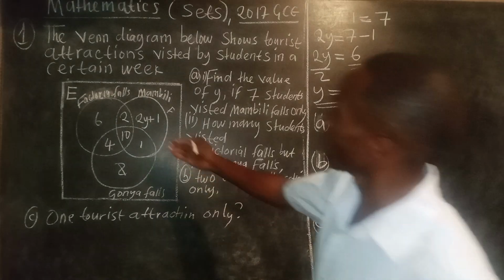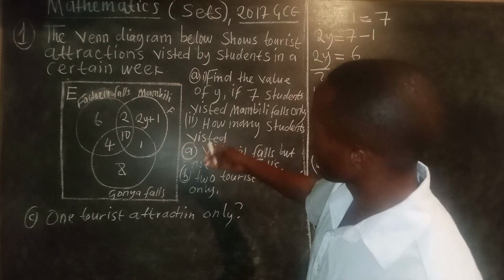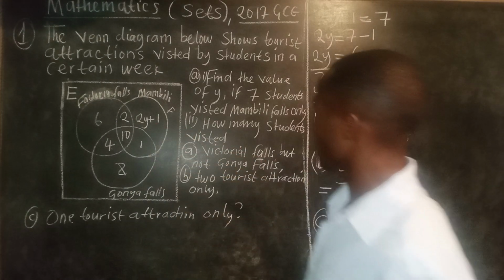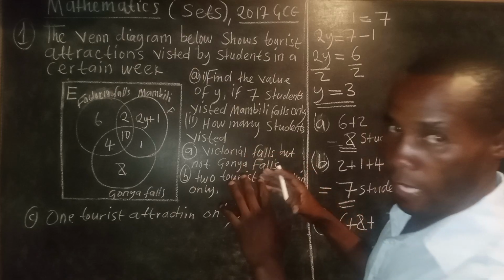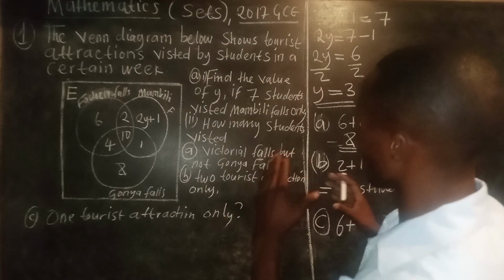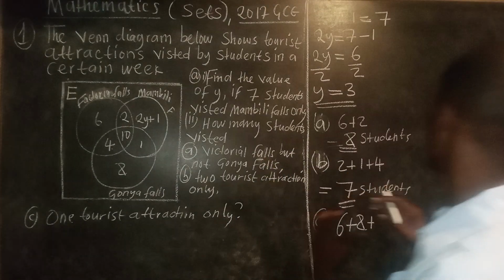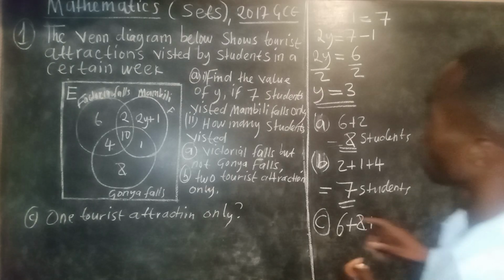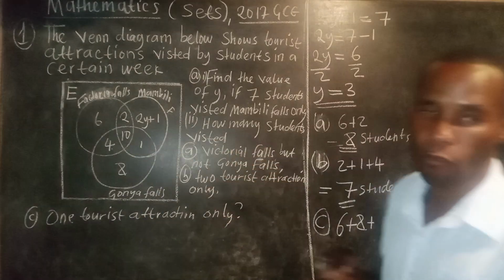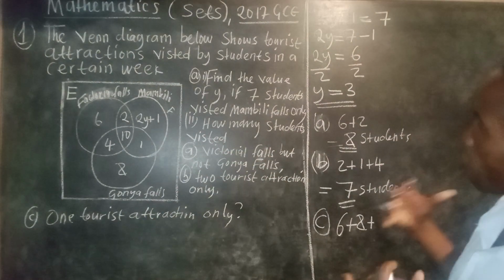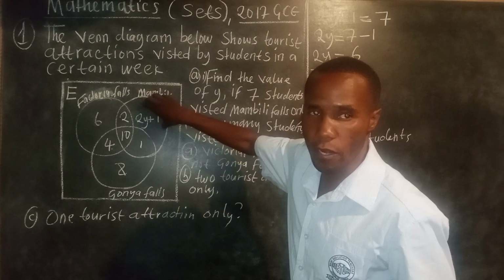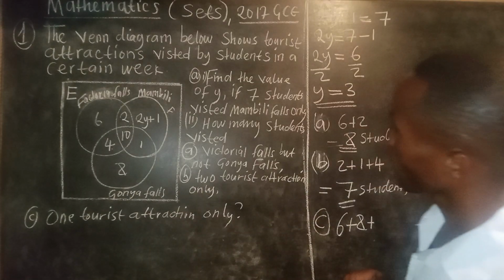Now, when we come to Mambirima Falls only, you are going to see that here we have an expression where we have 2 terms that are not like. So what we are going to do is this: since we have found the value of y, it is going to be very easy for us to find the whole number for this area.